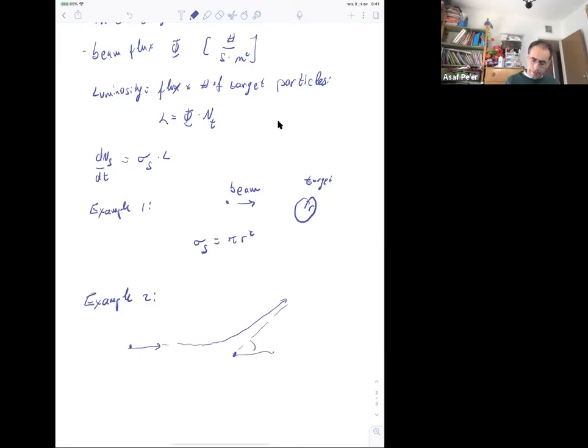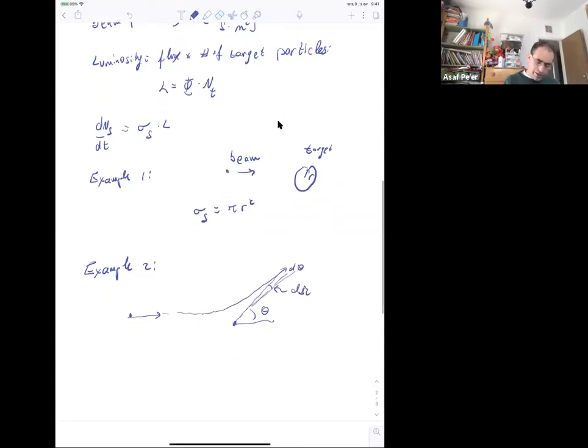This is theta, and this is of course d omega. So if this is theta, well, this is d theta. All right, we have d omega. It's just sine theta d theta d phi.